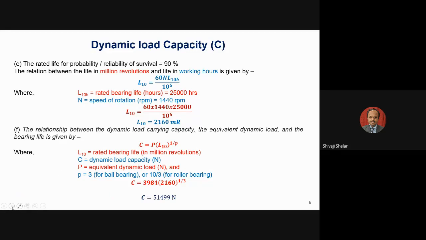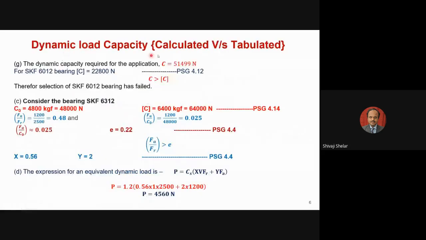Now let's compare with the actual value. On the next slide, we are checking this design. We are checking the dynamic load capacity, the calculated minimum required and the tabulated. So we are comparing values here.